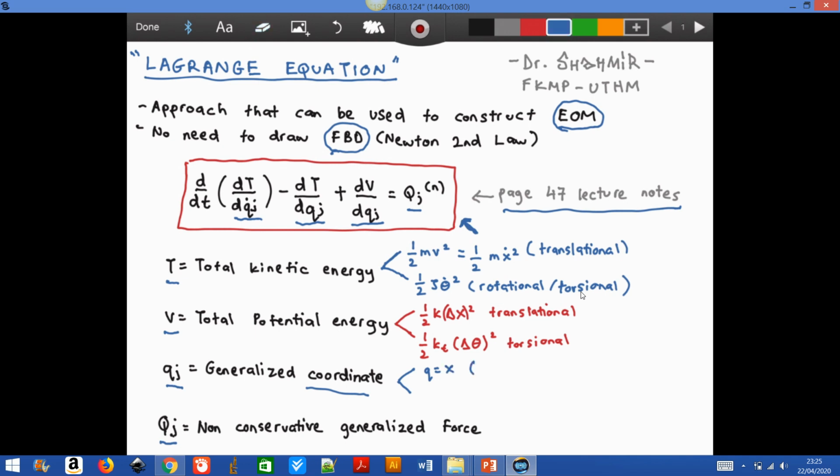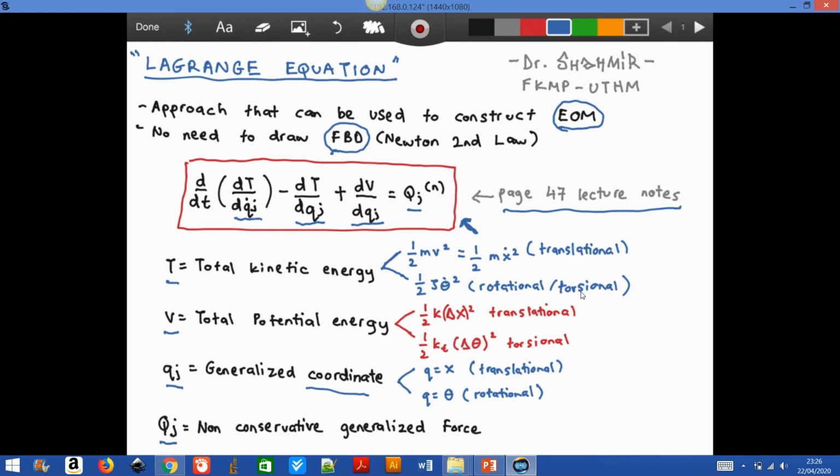Okay, this is for translational. And for rotational vibration, q is theta. Okay, I assume all of you should know this by now. This is the coordinate used for vibration.